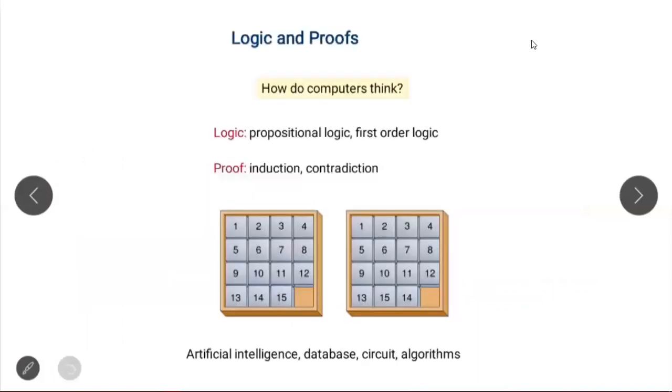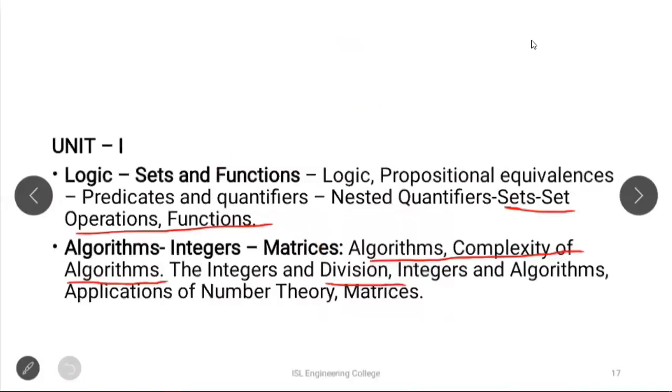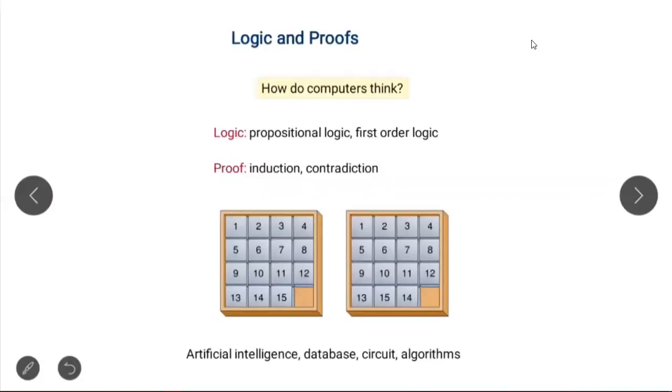The next thing, now why do we need this first unit? What is the requirement? Here, logics and proofs, so predicate logics and the number theory, both the first and the second part, we need them because we have to understand the thinking of a computer.